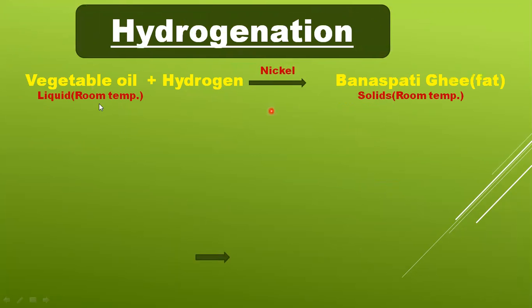And we know that vegetable oil is present in liquid state at room temperature, while banaspati ghee is present in solid state at room temperature. And we are able to convert vegetable oil into banaspati ghee.